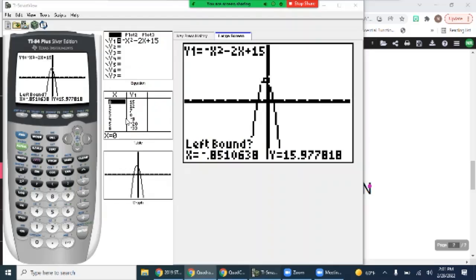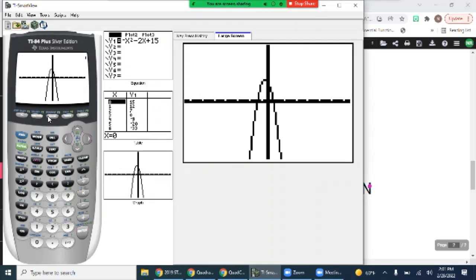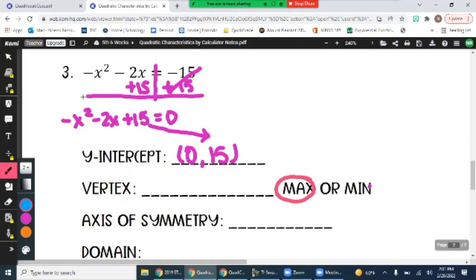All right. How many times to the left? 1, 2, enter once. How many times to the right? 1, 2, 3, 4, enter, enter. What is my maximum? My vertex is -1, 16.